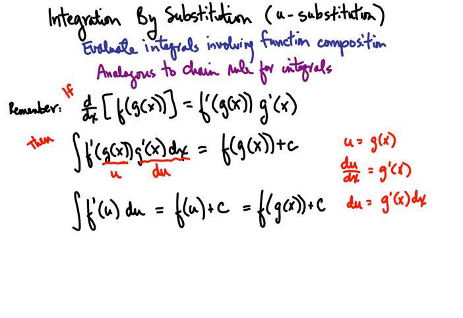In essence, we have a computational technique that allows us to go from this complex integral to finding its simple antiderivative. So let's take a look at an example of how this might work.